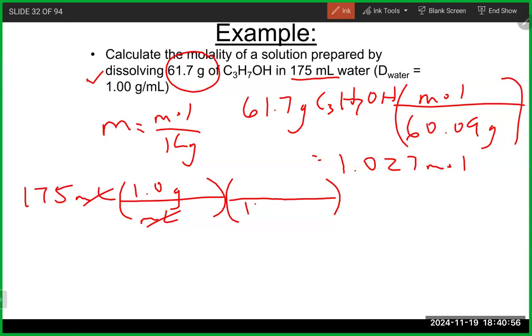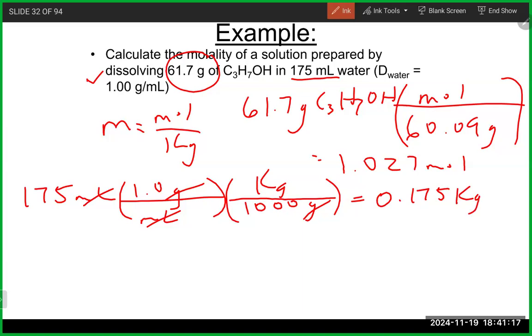So there are 1,000 grams in a kilogram. And that's going to get us to the proper units that we need. That will be 175 divided by 1,000, basically. It's going to give us 0.175 kilograms for our solvent, which is water in this case.